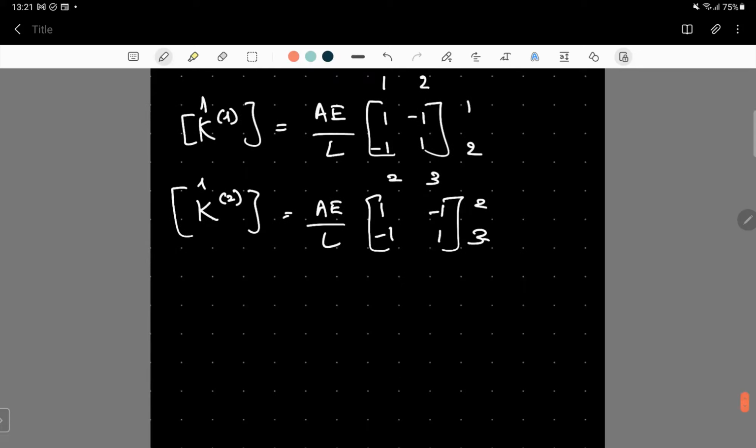So using the direct stiffness method, we can assemble the element stiffness matrices to obtain the global stiffness matrix for the whole bar.